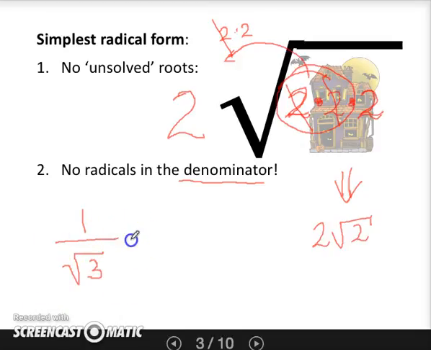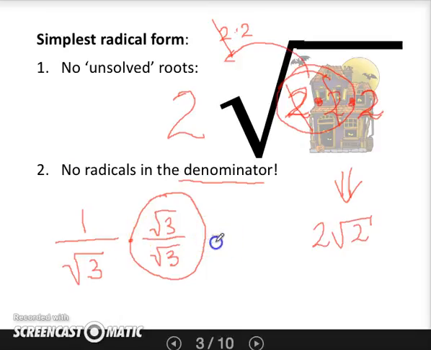So in order to simplify an expression like that, we would multiply the fraction by the number 1, but we would express the number 1 as the square root of 3 over itself. Any number over itself is simply 1, so we're allowed to multiply our answer by 1, of course.